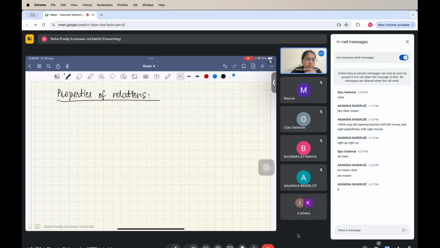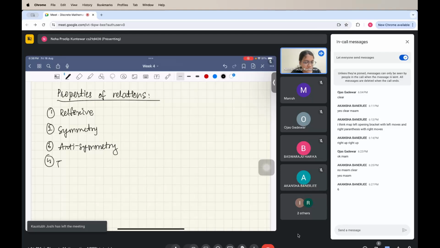Maybe I'll just write them down and then I'll talk about this. So there are four properties. One is what is called reflexive, one is symmetry, third is antisymmetry, and fourth is transitive.